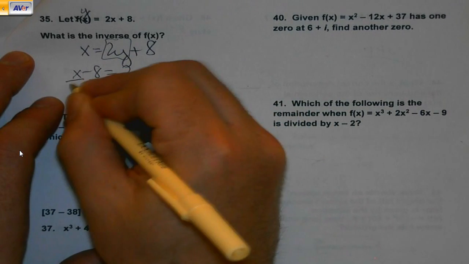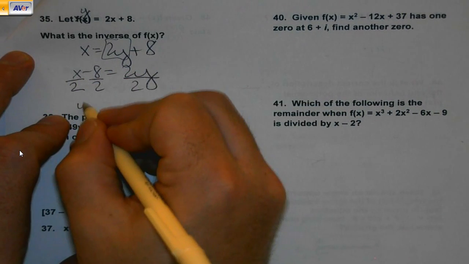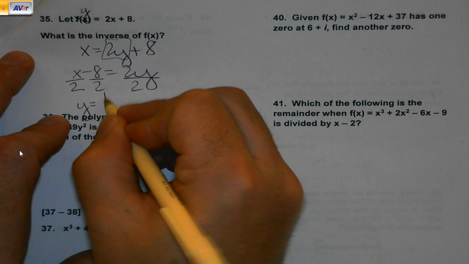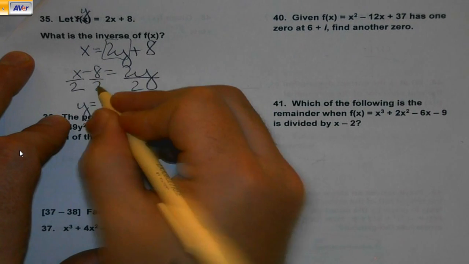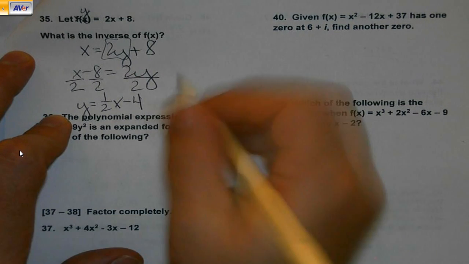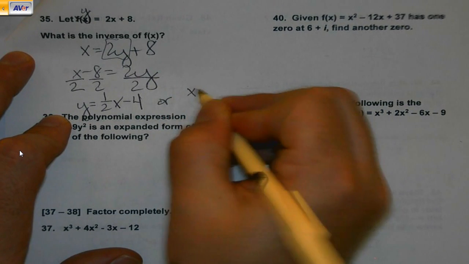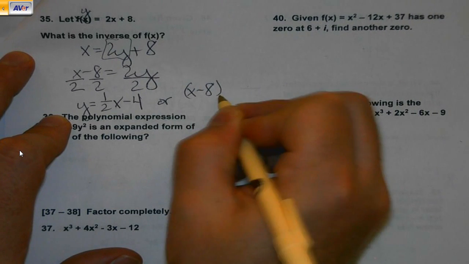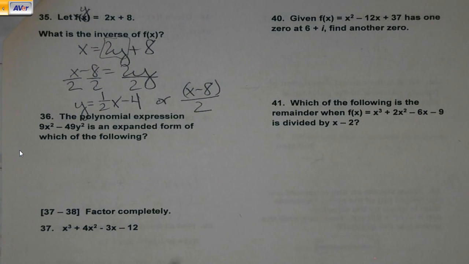If we went through and divided everything by 2, 8 divided by, could be written this way, more of a slope-intercept form, or it could be written fractionally. Okay, you got to be prepared for either one. But as long as you remember switch x and y and work that through, you should be fine.